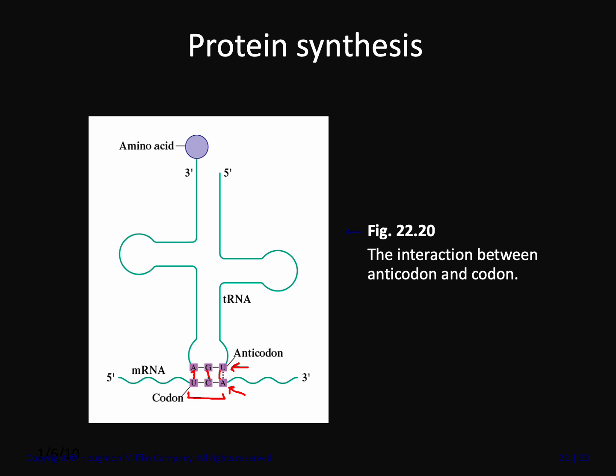And this tRNA is carrying the amino acid that codes for this codon right here, and it's carrying it to the ribosome. Then this tRNA will transfer this amino acid to the protein to build it, and then it will go off and get another amino acid. But just for this slide, pay attention to this relationship between the anticodon and codon region. Know that anticodon is on the tRNA, codon is on the mRNA.